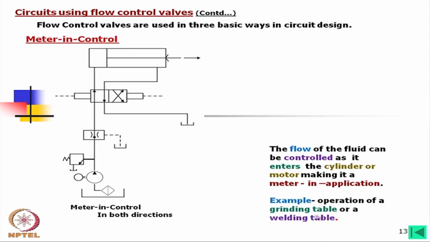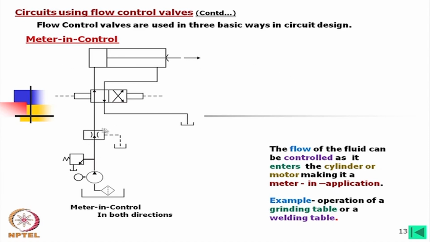Example, operation of a grinding table or a welding table. That means, when we are grinding, we need to control the speed while the grinding operation is being done, whereas on the other hand it can move faster on the return.